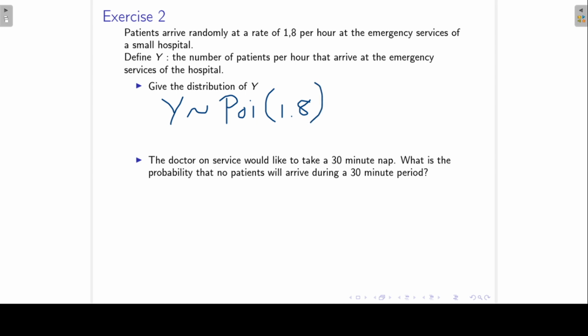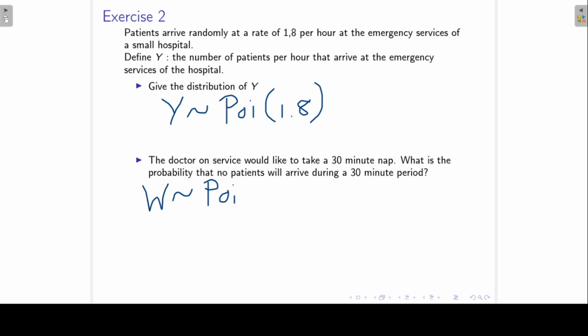Now suppose the doctor on service would like to take a 30-minute nap. What is the probability that no patients will arrive during a 30-minute period? So now we can define another random variable. Let's just call it w.